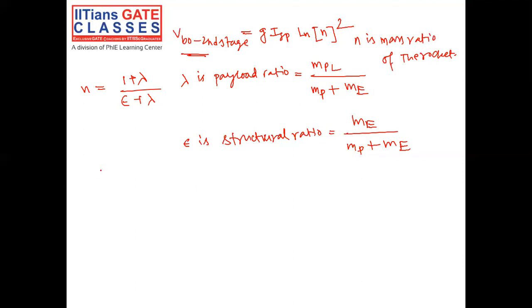And since the payload ratio and the structural ratio for both the stages are the same, lambda 1 denotes the payload ratio of stage 1, and lambda 2 denotes the payload ratio of stage 2, and they are equal, so they're denoted by lambda. Similarly, epsilon 1, the structural ratio of stage 1, is equal to the structural ratio of stage 2 and denoted by epsilon.